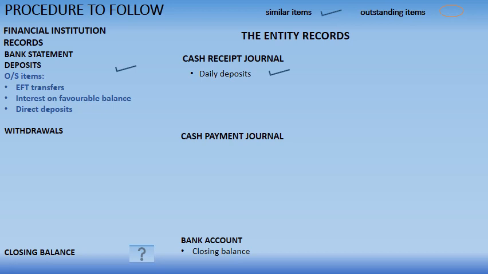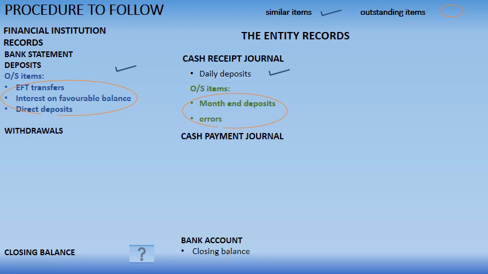These outstanding items will be marked with circles. On the cash receipt journal side, items that will remain outstanding will be the month-end deposits, as well as errors that were committed while recording into the cash receipt journal. These items will each be marked with a circle.